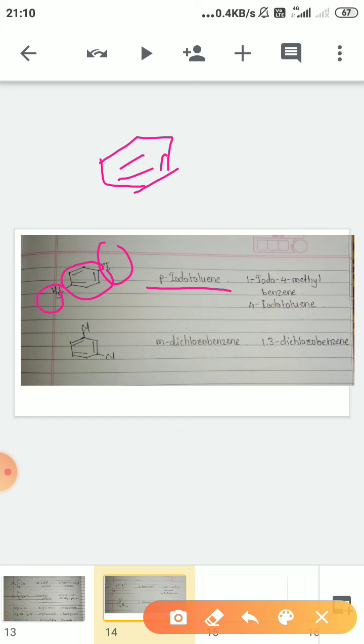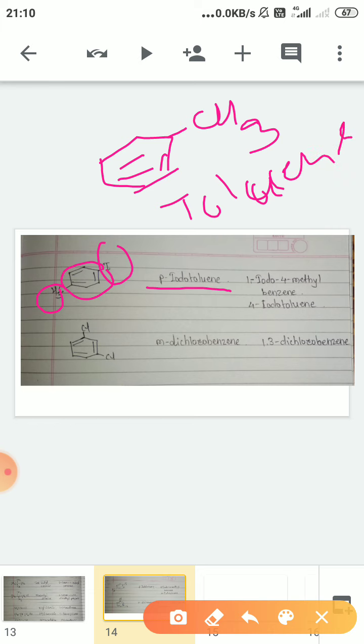Last year we saw that if a benzene ring contains a CH3 group, it is called toluene. Opposite the methyl, iodine is present at the fourth position, so it is para-iodotoluene. In the IUPAC system, alphabetically iodo comes first, so 1-iodo-4-methylbenzene.